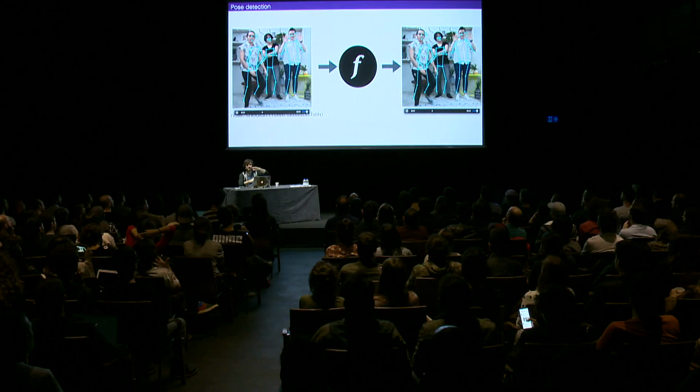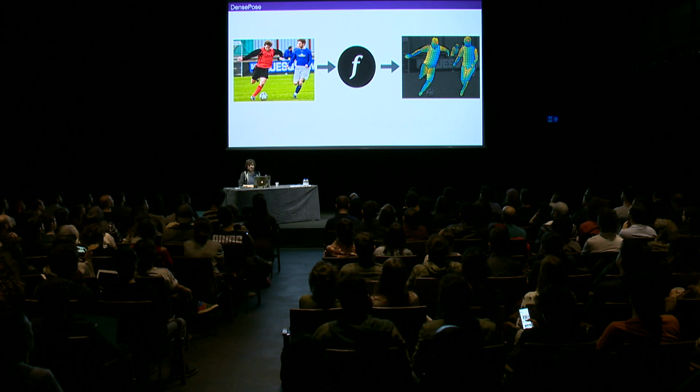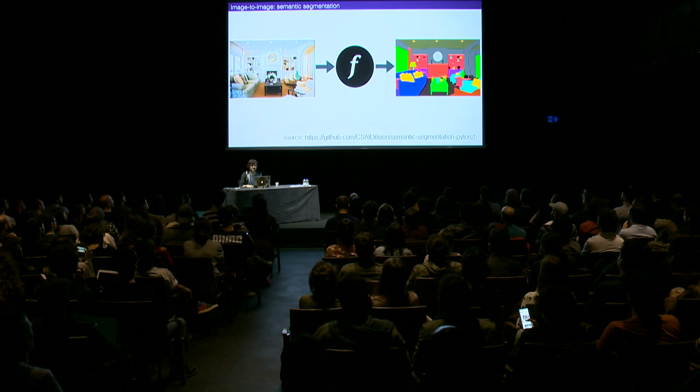Finding where people are. This image is actually wrong, so there shouldn't be a skeleton on the left side. It's like taking the video on the left and finding where the people are. Same thing, mapping out where body positions are inside of an image.